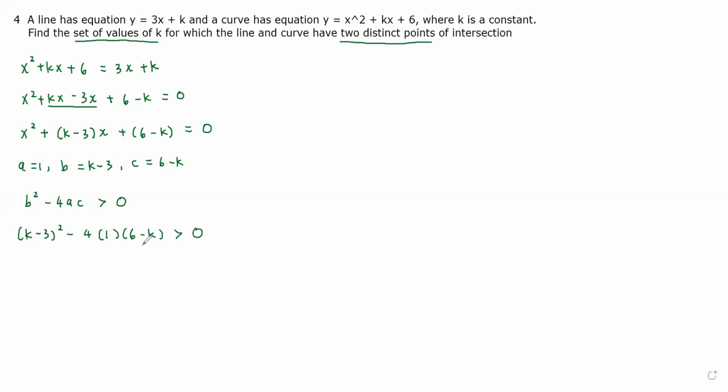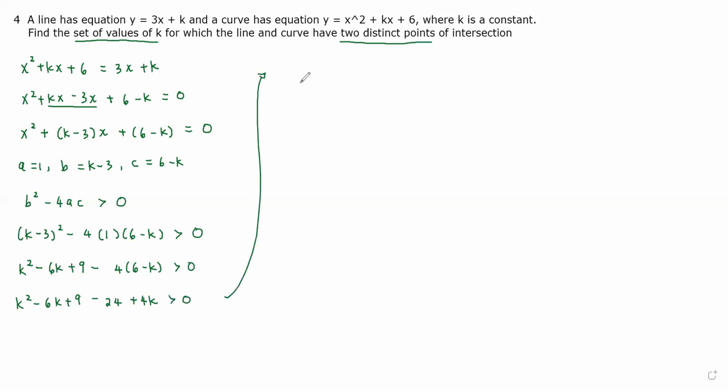We need to expand and simplify. Expanding the square of k minus 3, that would be k squared minus 6k plus 9, minus 4 times 6 minus k. We need to expand this further, that is negative 24 plus 4k, greater than 0.